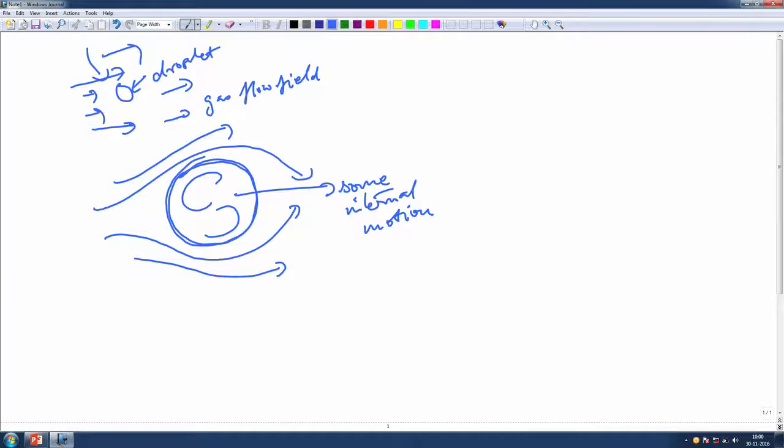In most of these applications, therefore, the droplet is moving with some relative velocity. If we define a Reynolds number for the gas phase, we will call it Re, but here I am writing it as Reg just for the sake of clarity.